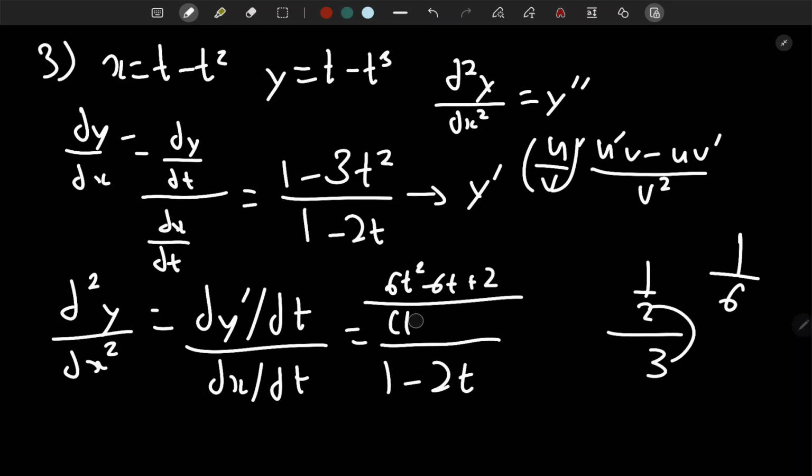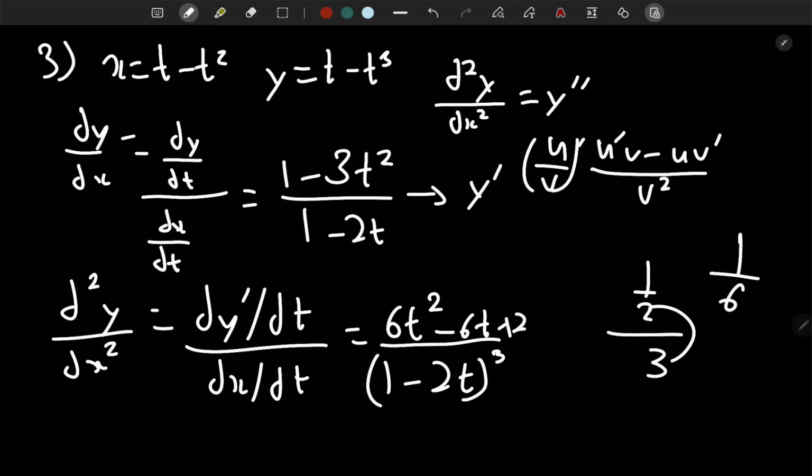So I'm going to erase this, and if we multiply 1 minus 2t squared with 1 minus 2t, it's going to give us 1 minus 2t cube. And now we can write this larger, so 6t squared minus 6t plus 2. And that is our final answer. And since they didn't give us any value to substitute t, this will be your final answer.